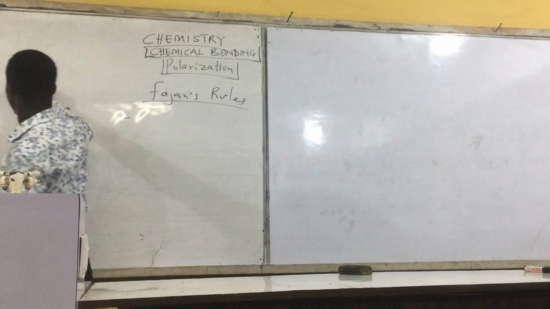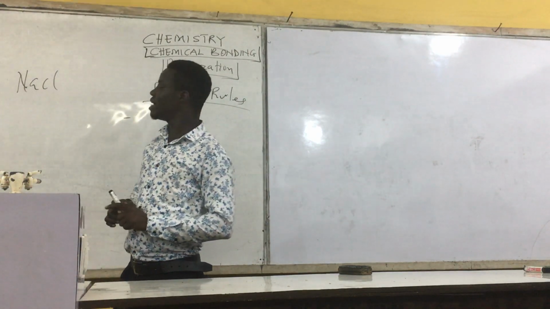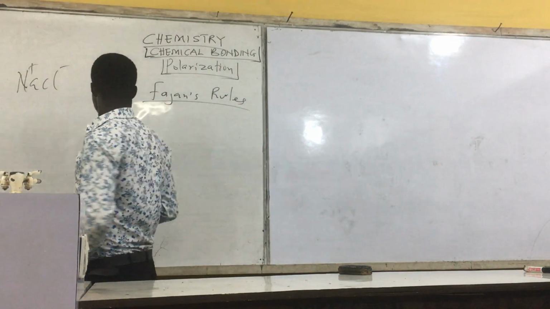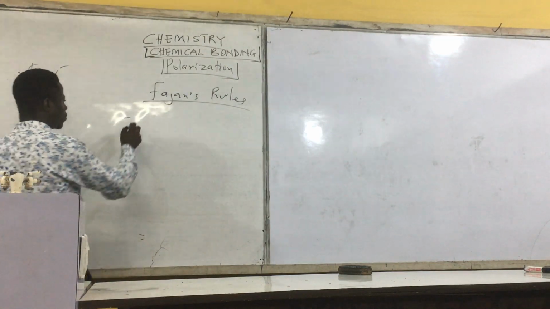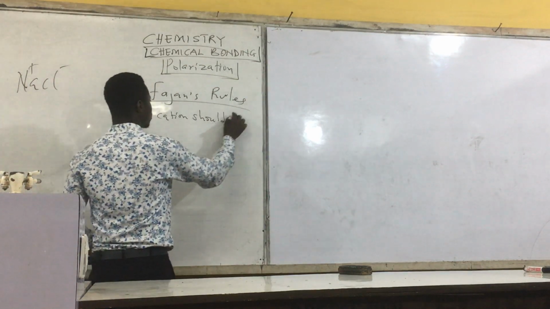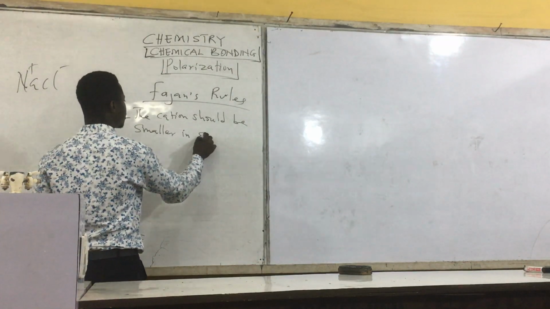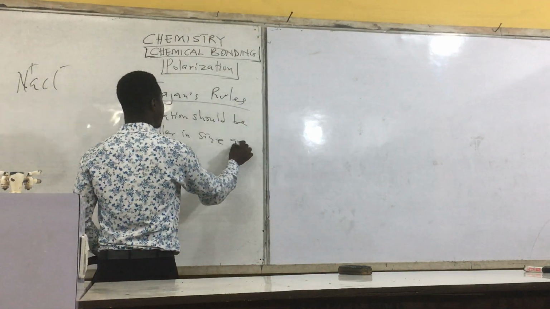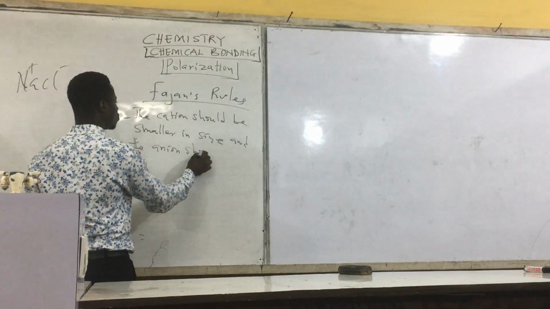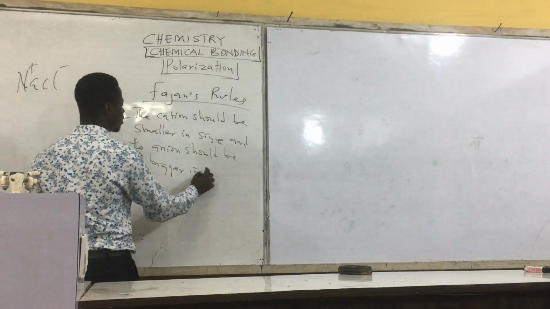So let's look at this. Sodium chloride, we say, is ionic, but it's not 100% ionic. There's some nature of covalency in this. So for this to happen, it says that the cation should be smaller in size, and the anion should be bigger in size.